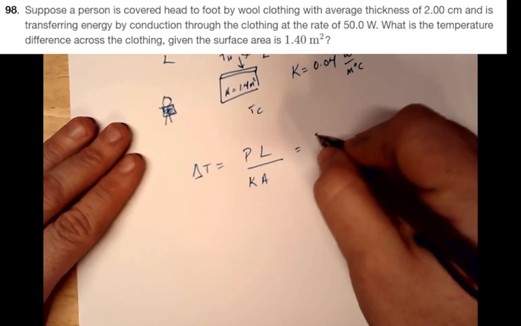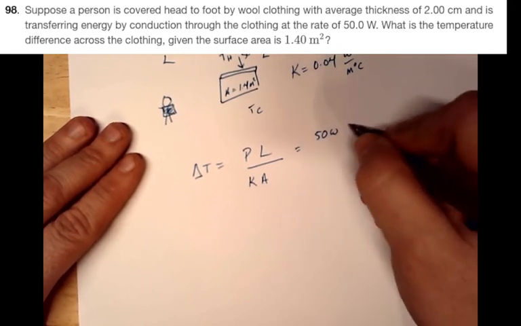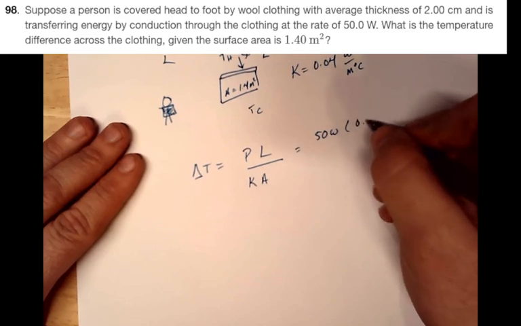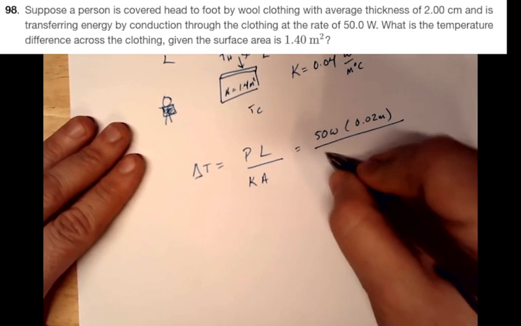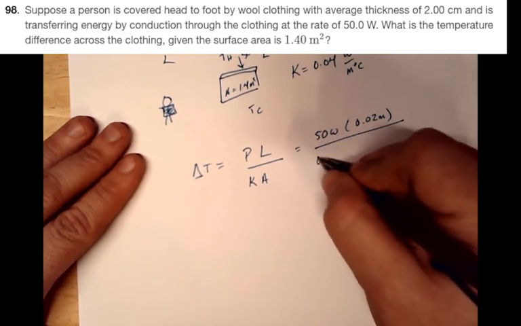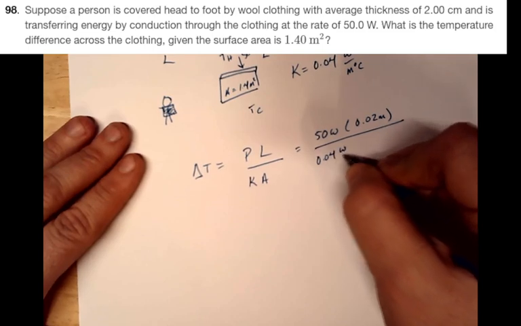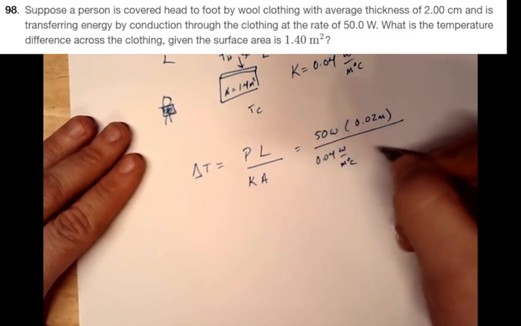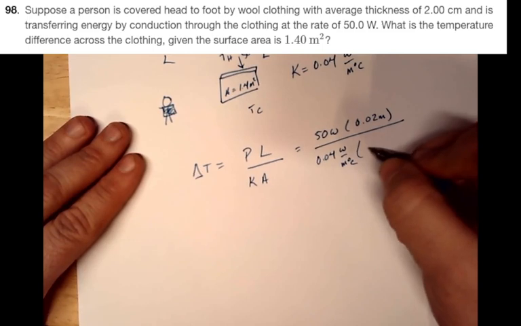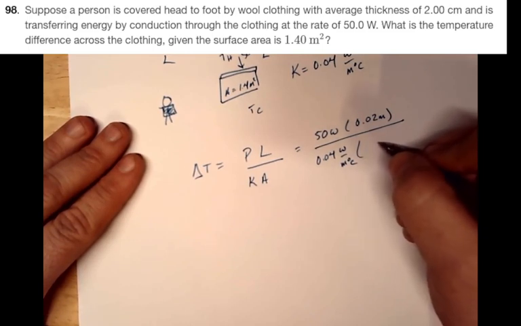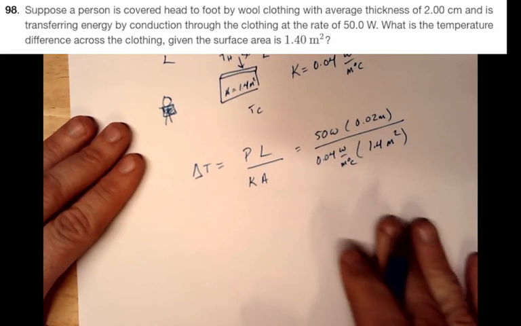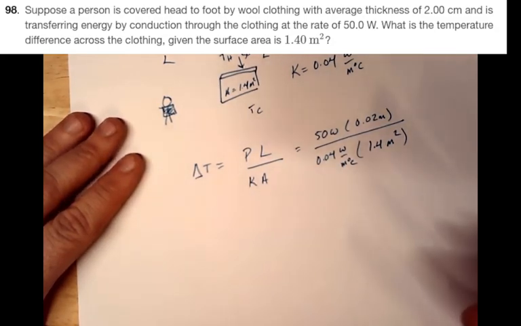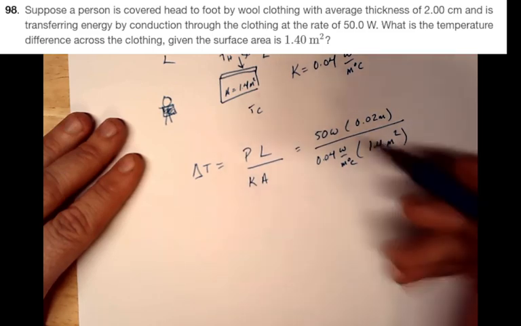So we'll have 50 watts, and our thickness 0.02 meters, and we can divide by our conductivity 0.04 watts per meter degree Celsius, and multiply that by our area 1.4 meters squared, and we can calculate that all out and get a delta T.